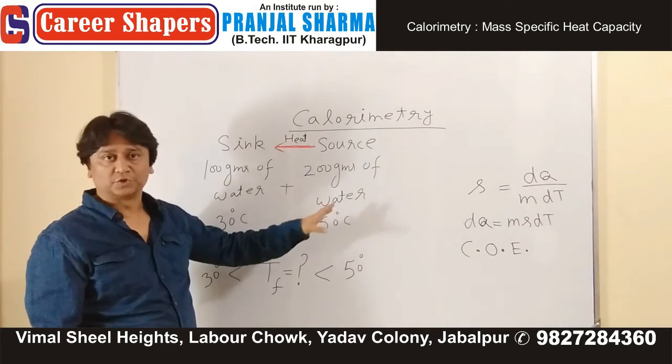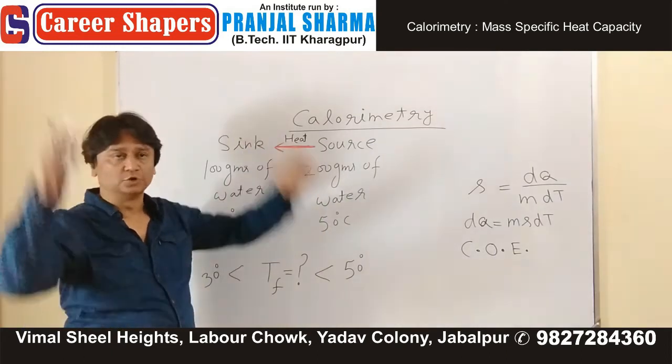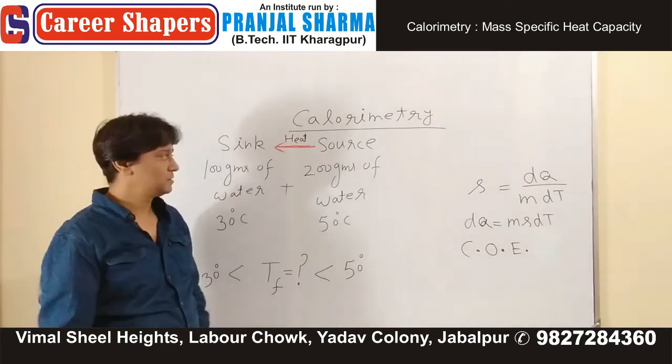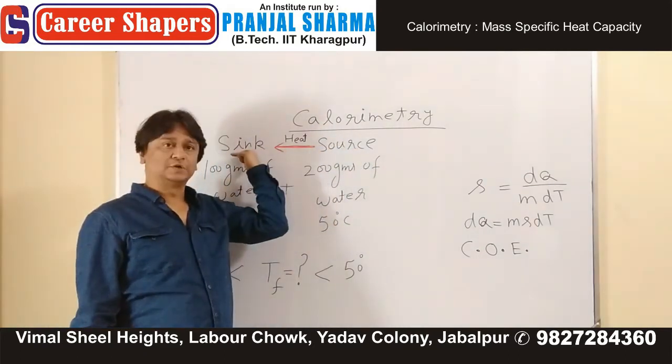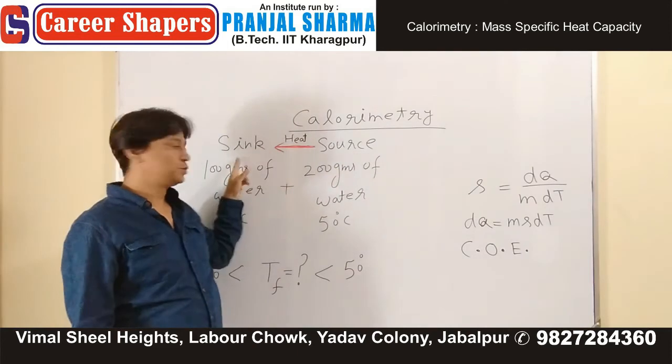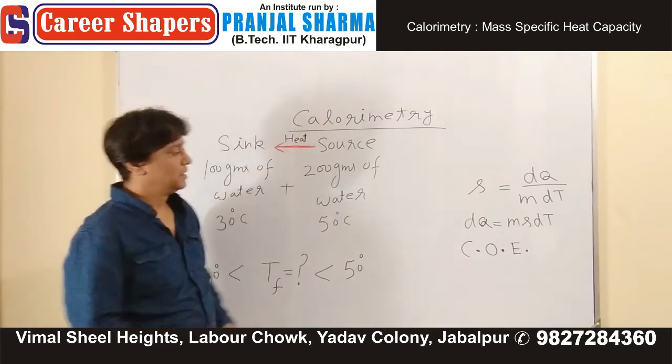In an ideal situation. Real life में क्या होगा? एनर्जी यूज भी होगी. You're not interested in that. So 100 joules of energy flows in this direction from source to sink.